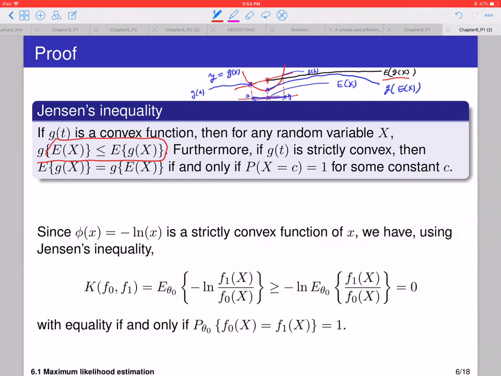The graph shows that the average of g is always bigger.